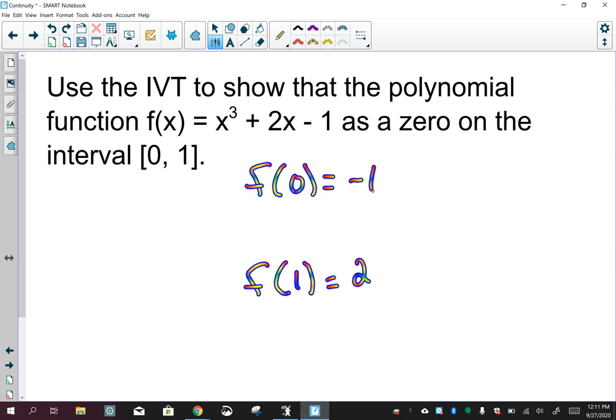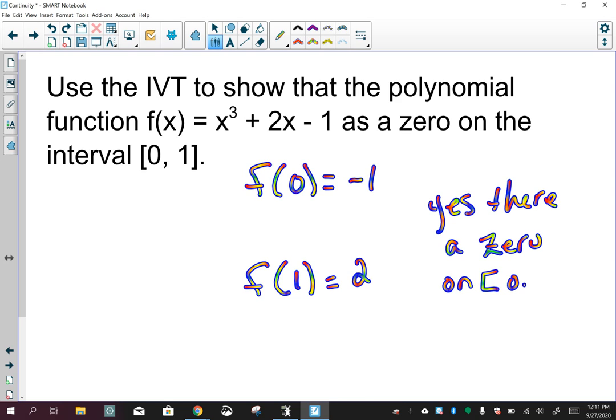So notice my sign change here. Because I have a sign change from 0 to 1, I have a yes, there is a 0 on the interval 0 to 1. And here's the key. If you want full points, by IVT, you have to make sure that that's in there.